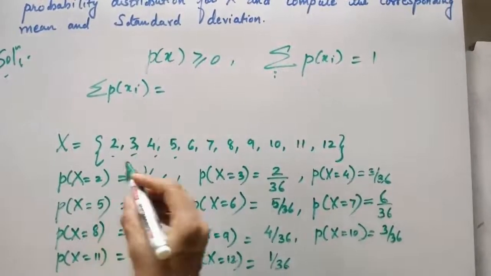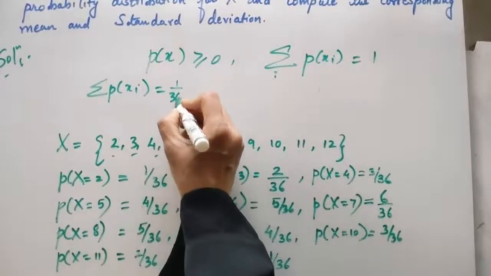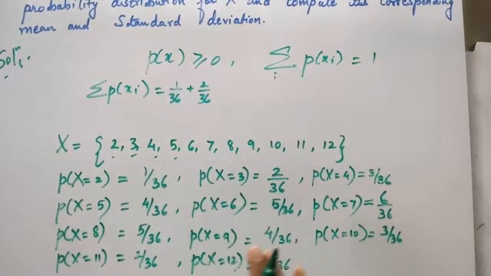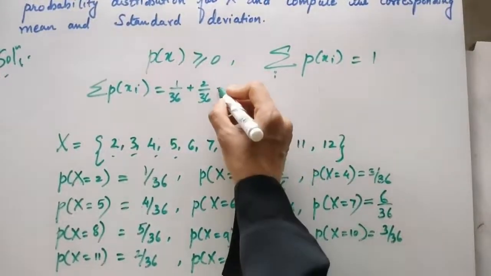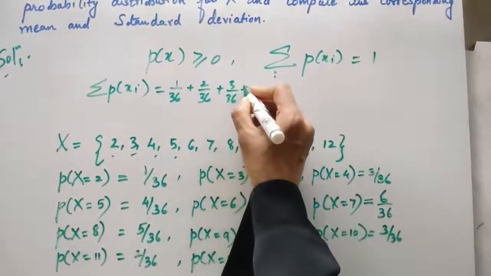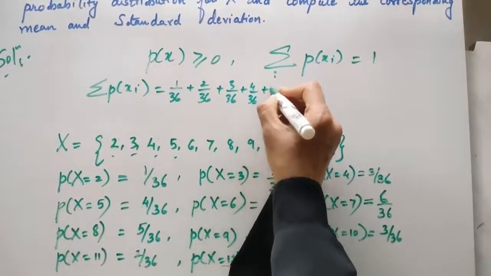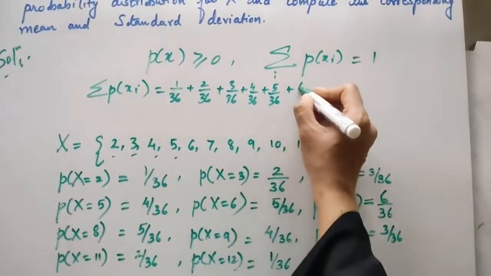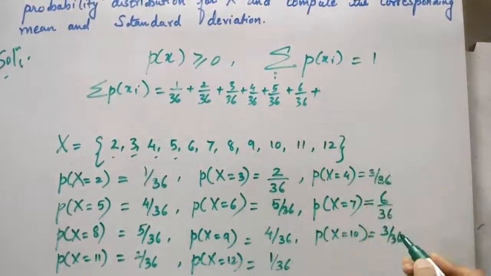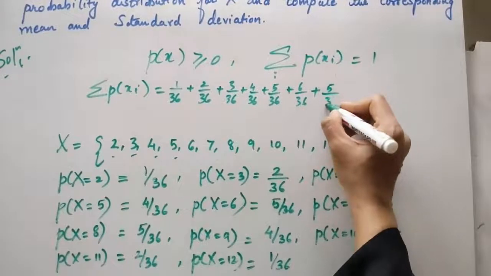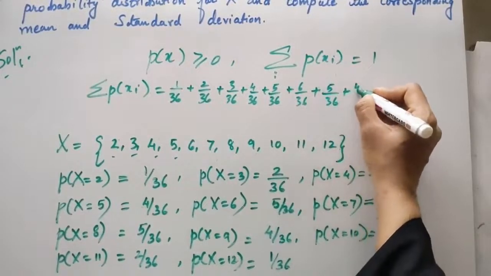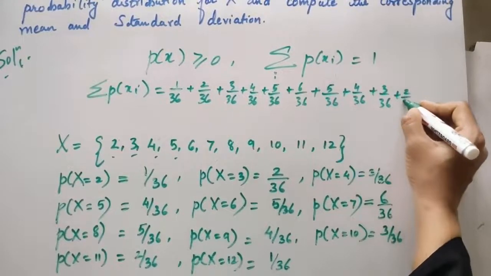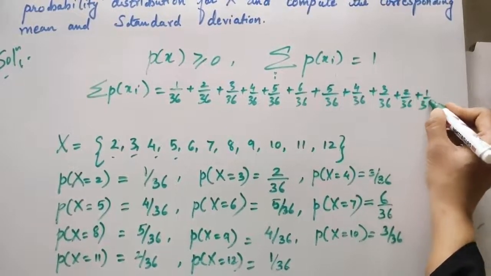So you just consider it as 1 by 36 plus 2 by 36. That's why I didn't cancel. Anyway, you need all the LCM, right? So 3 by 36 plus 4 by 36 plus 5 by 36. Just go on writing the simple addition of all those probabilities you have already written. So 5 by 36 plus 4 by 36 plus 3 by 36 plus 2 by 36 plus 1 by 36.